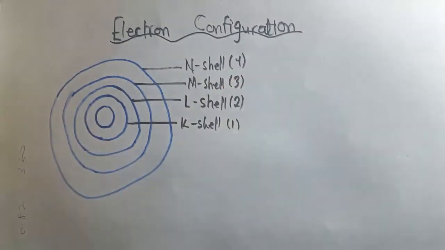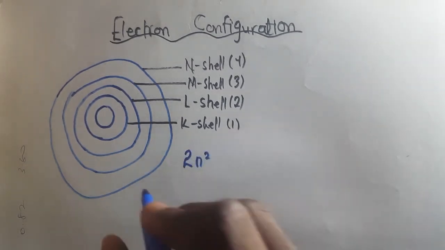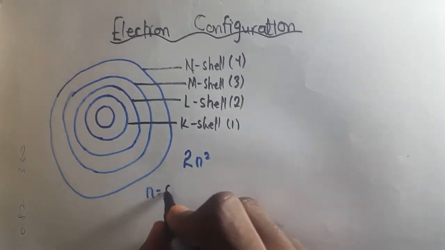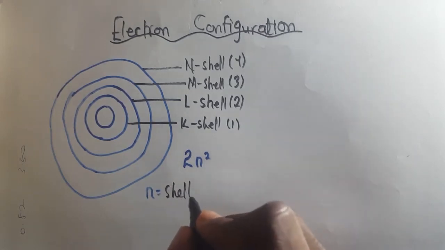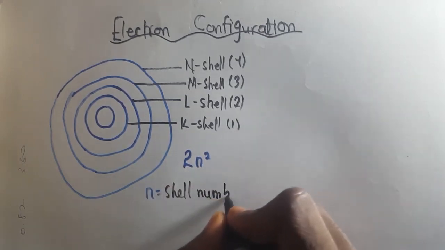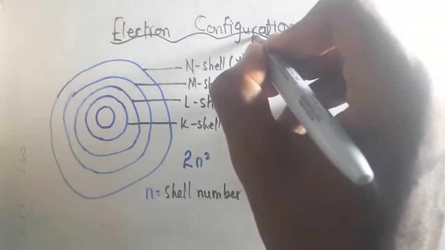Now you need to be able to identify the number of electrons each shell can accommodate, and to do that you will need a formula. This is a formula, 2n squared, where n is the shell number. So let me rule a line here, and then let's do a little calculation.